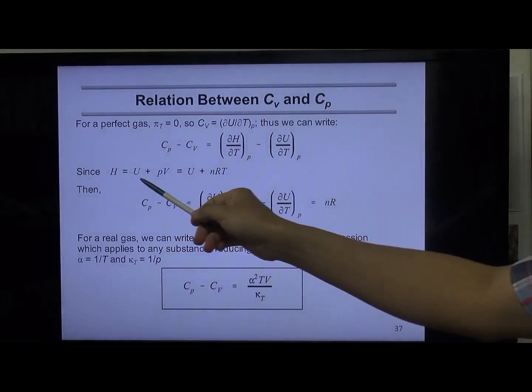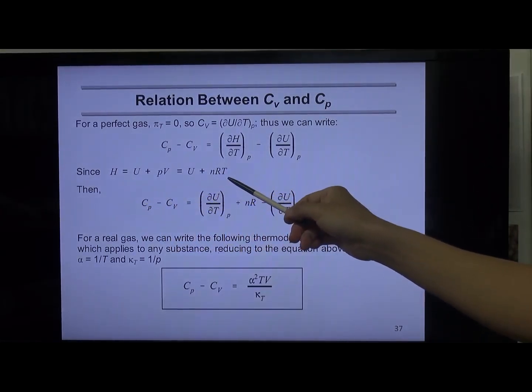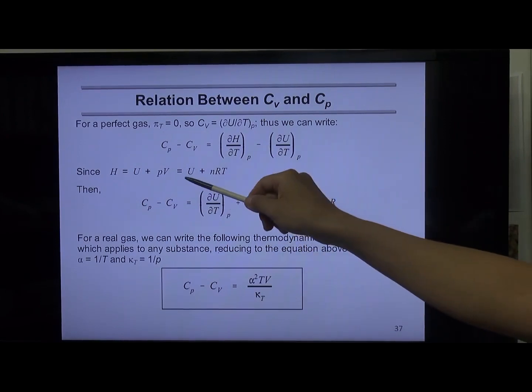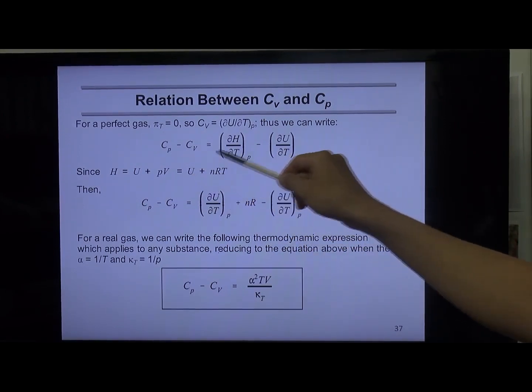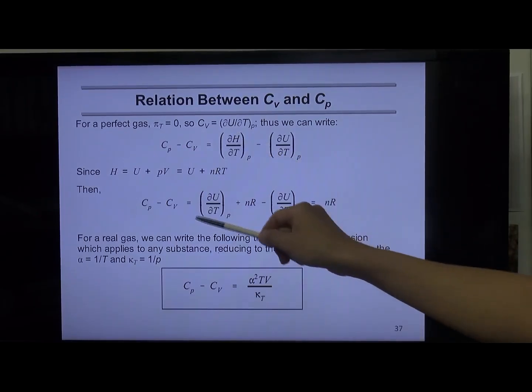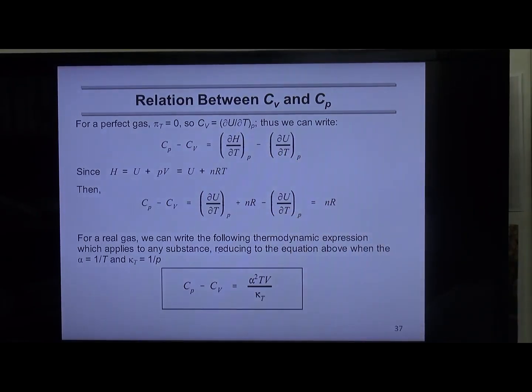Since H is U plus PV, which is U plus nRT for ideal gas, you can put U plus nRT here, then you can simply get Cp minus Cv is equal to nR for ideal gas, not for real gas.